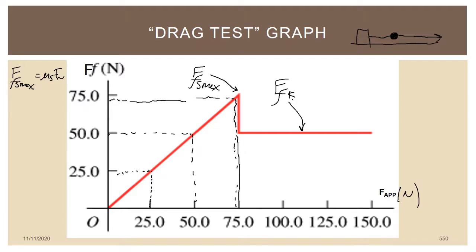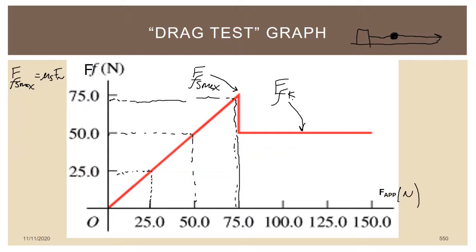We have no idea. But we do know that once the static friction force maximum is reached, the object will begin to move. And what we can say for sure is that reaching that 75 newton force probably does something to the atomic bonds between the surface and the object, and causes the thing to move.